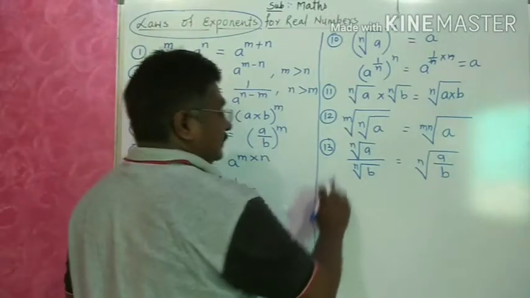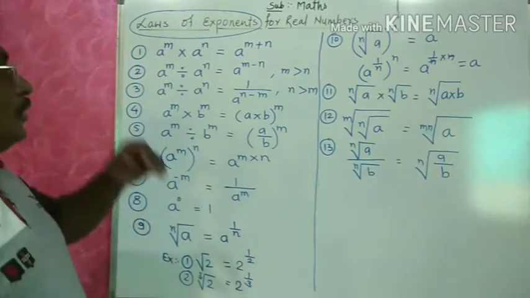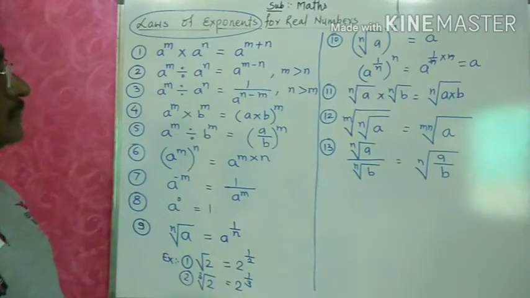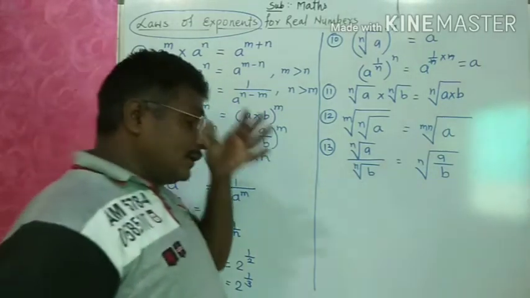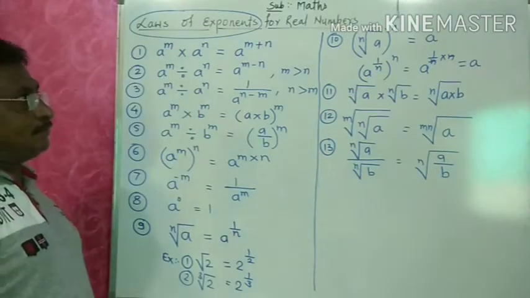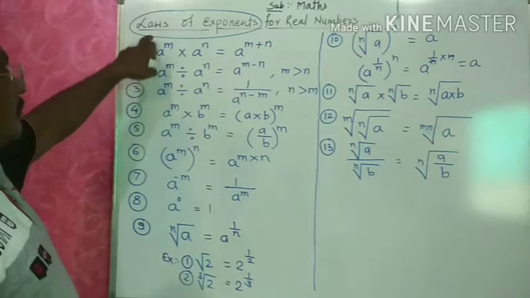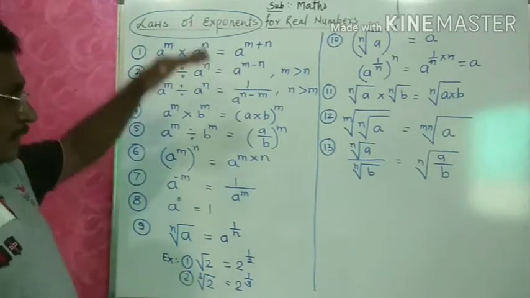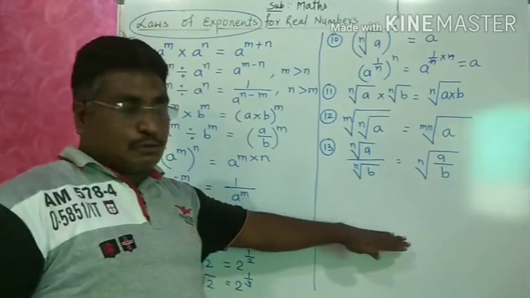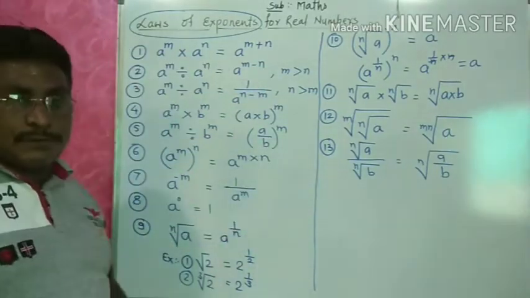So these are the 13 laws of exponent. By using these 13 laws, we will see how to solve the numericals and the examples. Hope you understand, student, these laws of exponent. By using these laws of exponent, we have to solve the examples.